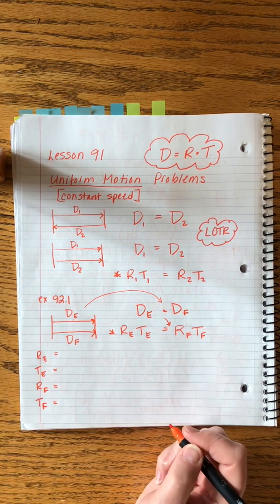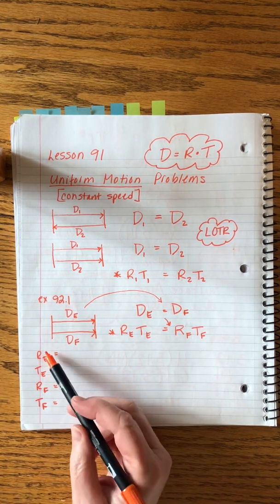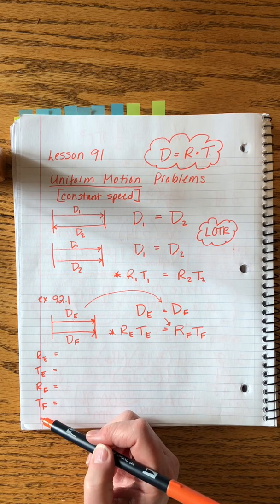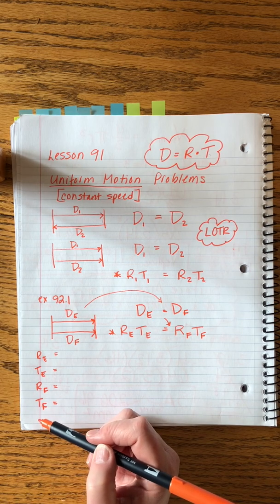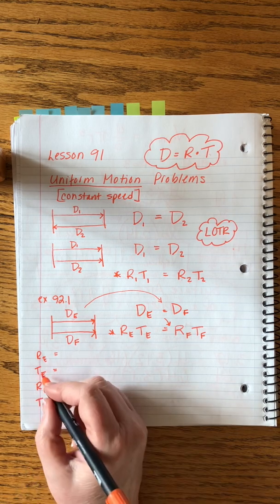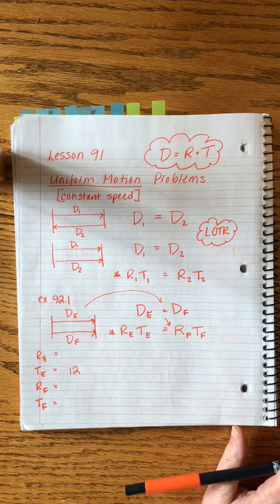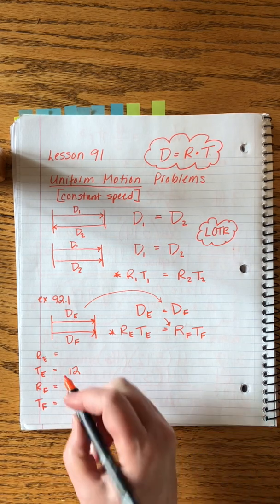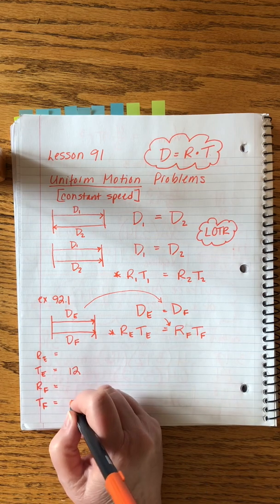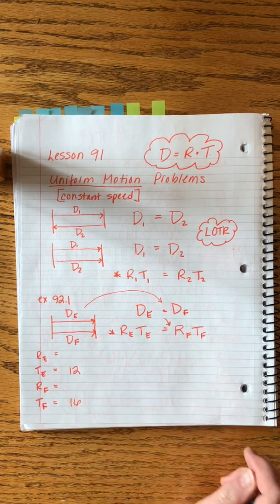Now I go back into the story and look at the numbers and try to fill in my list. On Tuesday, the express train made the trip in 12 hours. Time of express train, 12. I don't have to write the units down. On Wednesday, the freight train made the same trip in 16 hours. Time of the freight train, 16.